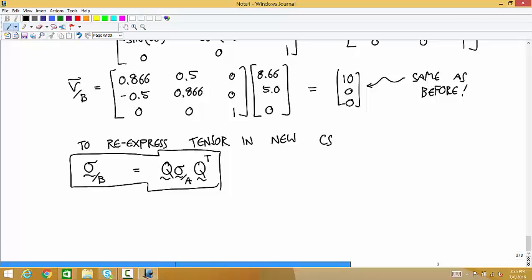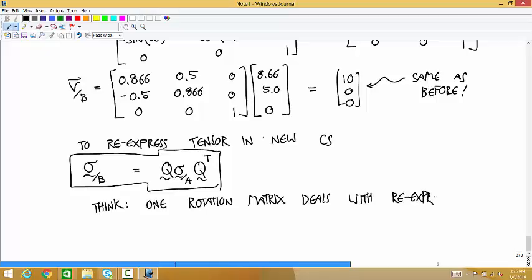And the way you can think about that is, one rotation matrix has to do with re-expressing or transforming the faces of that stress element.